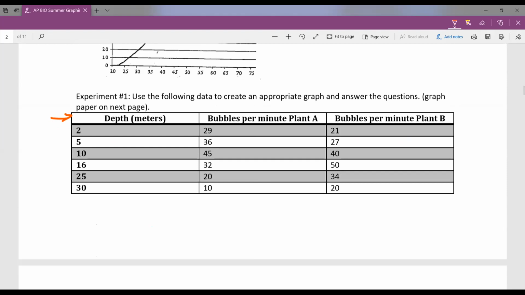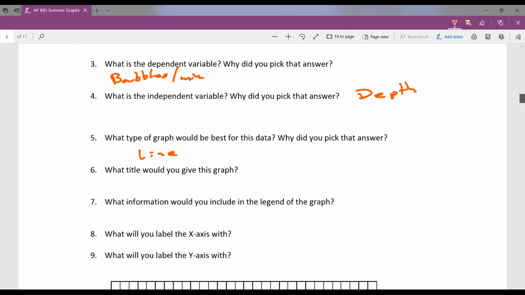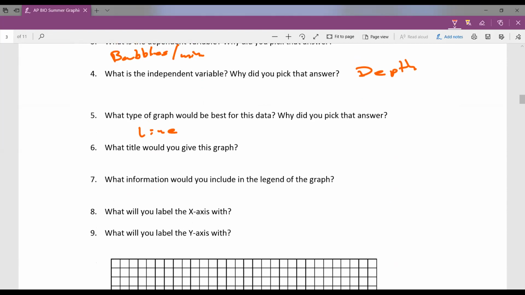Bubbles produced by plants at a given depth, yes. Any other ideas? That's not a complete sentence, but we don't have a whole bunch of information here. Any other ideas? I think that one works.